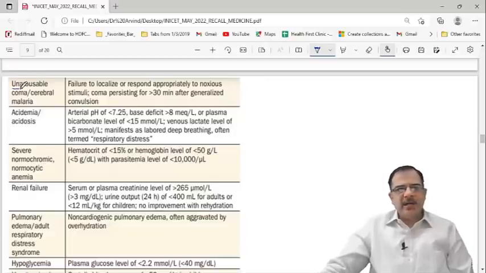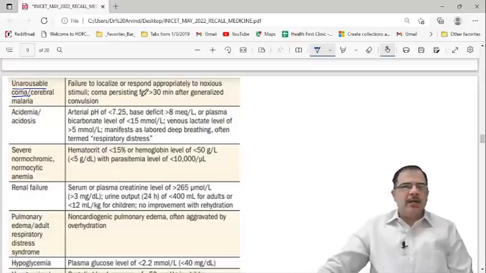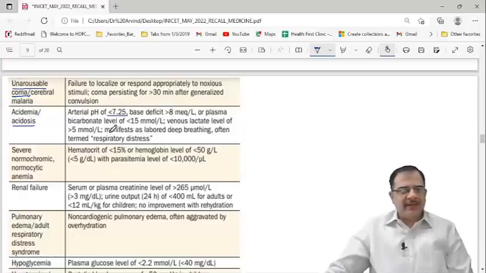The first one is unarousable coma. This question they have made directly from this table. So unarousable coma means this is a complicated case. The second one is acidosis, arterial pH of less than 7.25 they have taken.